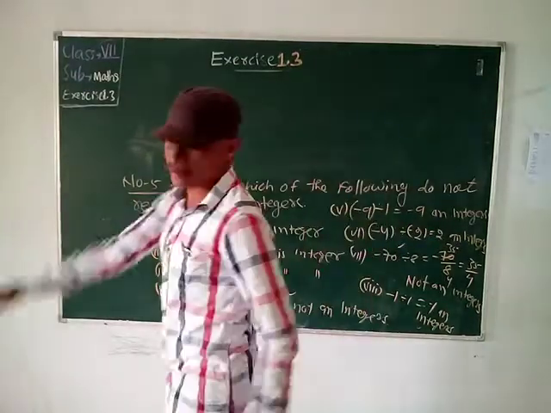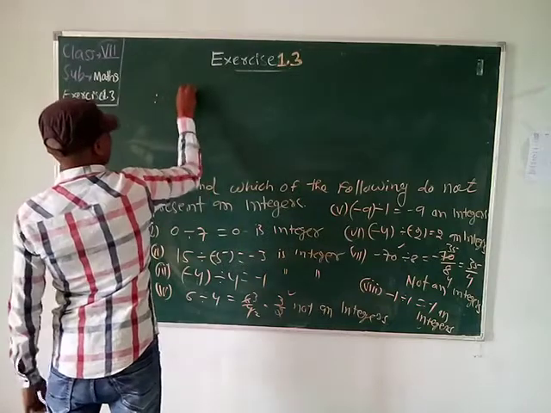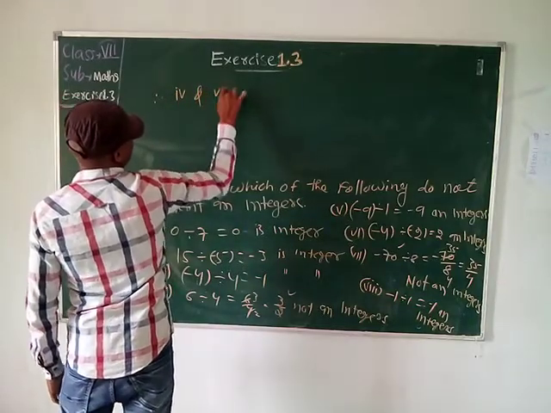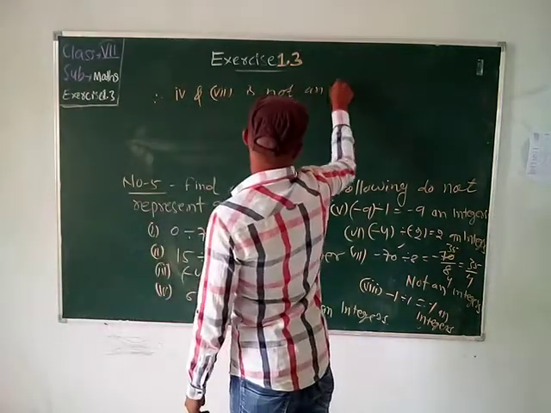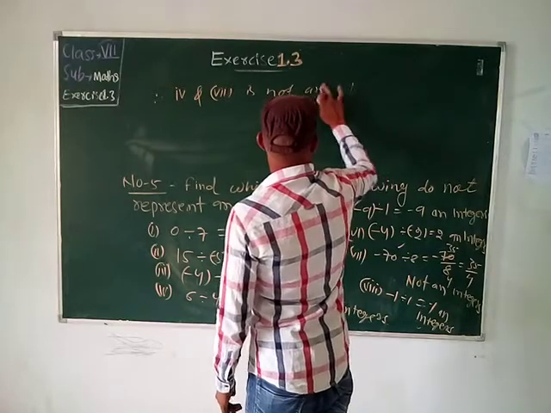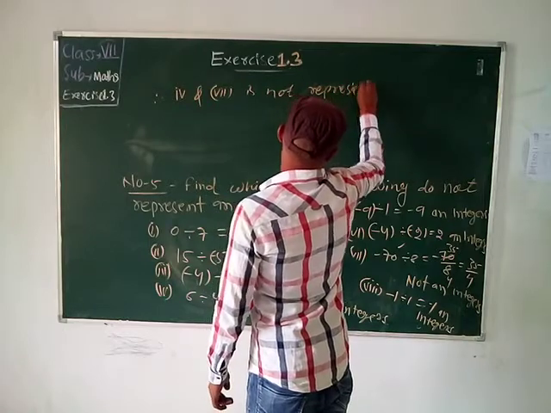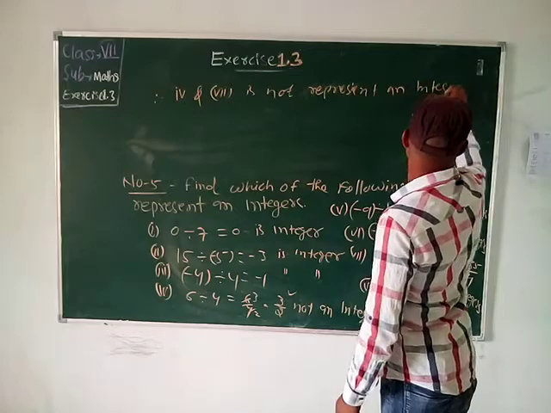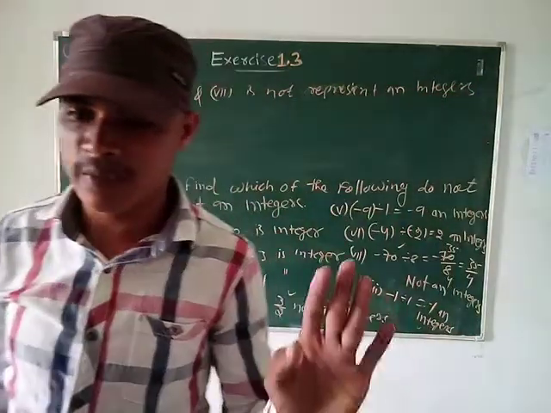Hence we can say that the fourth and 7th do not represent an integer.